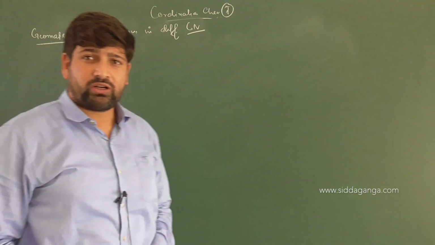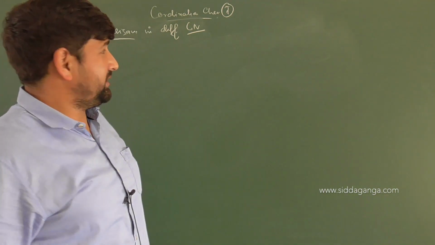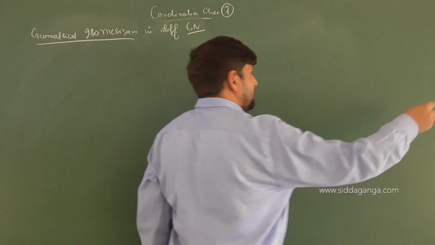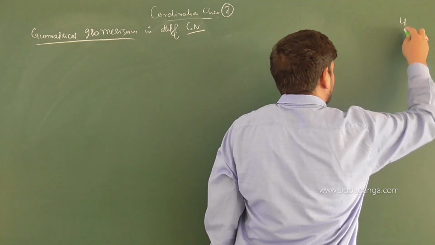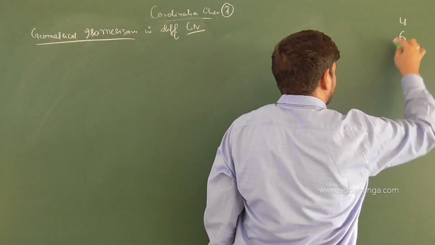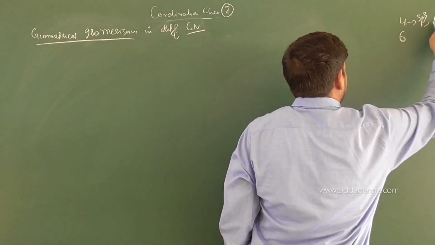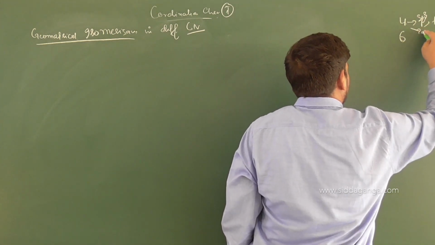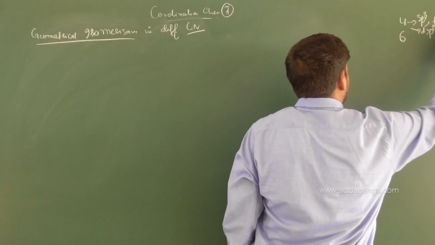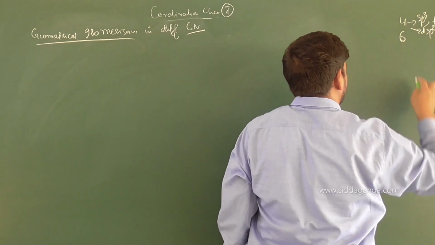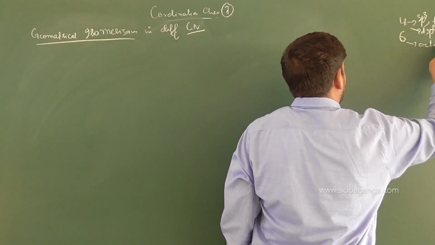The most common coordination numbers that we meet across in coordination chemistry are the coordination number of 4 and the coordination number of 6. If hybridization is sp3, it is tetrahedral, and if the hybridization is dsp2, it is square planar. And with this we know it is octahedral.